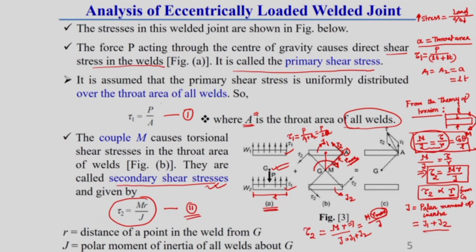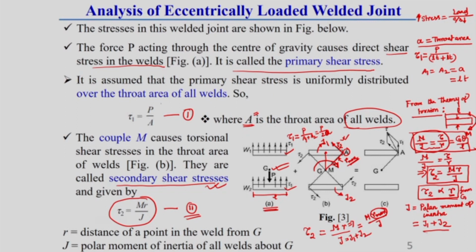As the direction of the couple about G is clockwise, the tau 2 direction at weld A is opposite to this couple M. So, if it is clockwise, the direction there will be opposite, and the direction at this A location will be the tangent at that point. If we join G and A, the tangent will be perpendicular to this radial distance, where GA equals R max.